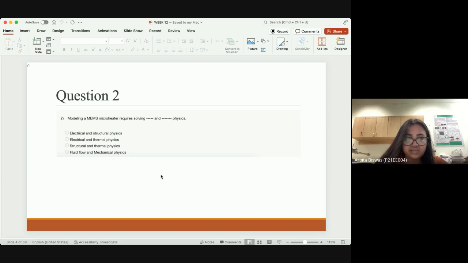So what is the right answer? Modeling a MEMS microheater requires solving dash and dash physics. So find out the right answer.